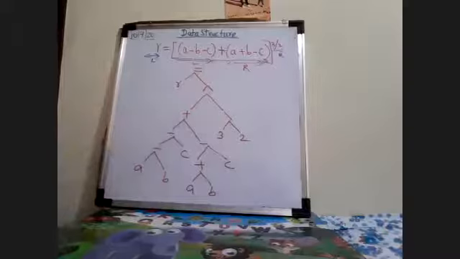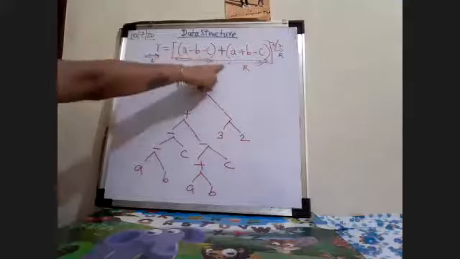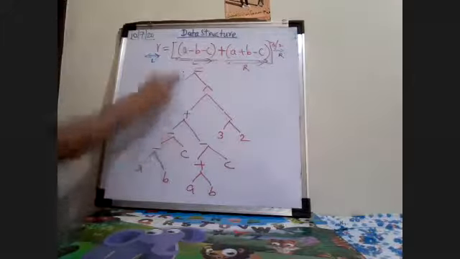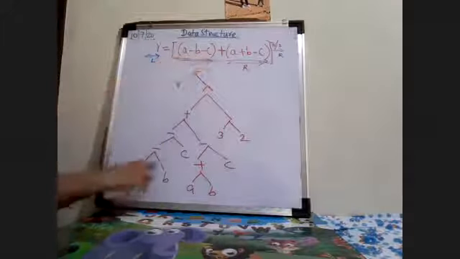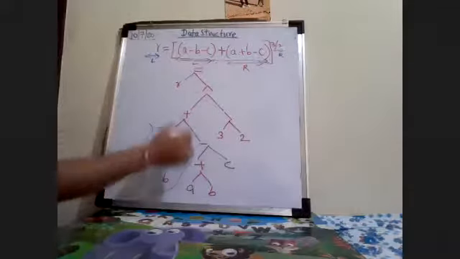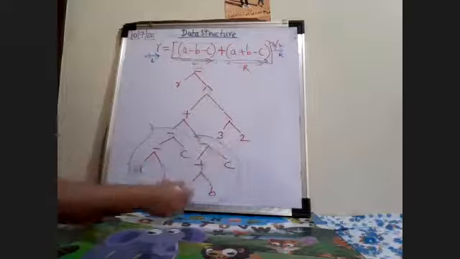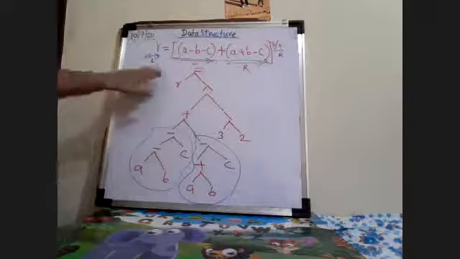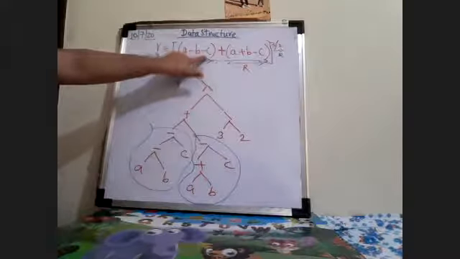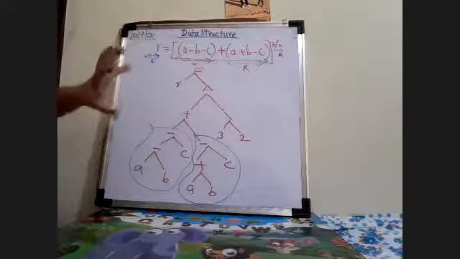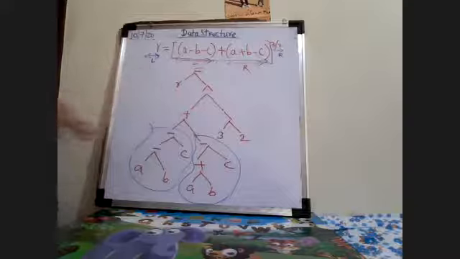Okay, now see, I will repeat once again. This plus division, again this plus is divided into left subtree and right subtree. So I have taken this whole expression over here. Okay, and this right part I have taken over here. Okay, now in this expression again this A minus B minus C is divided, I just go on dividing it into smaller parts so that I get left successor and right successor.